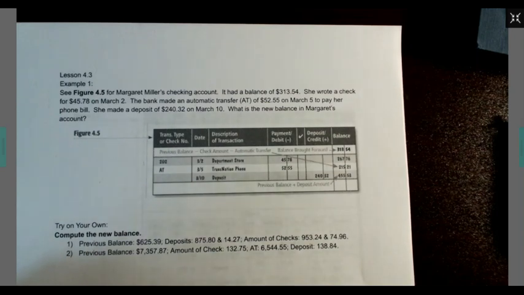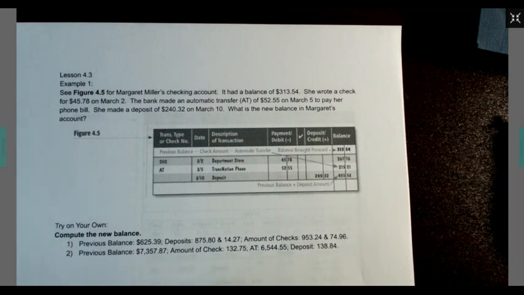Lesson 4.3, Example 1. See Figure 4.5 for Margaret Miller's checking account. It had a balance of $313.54. She wrote a check for $45.78 on March 2nd.